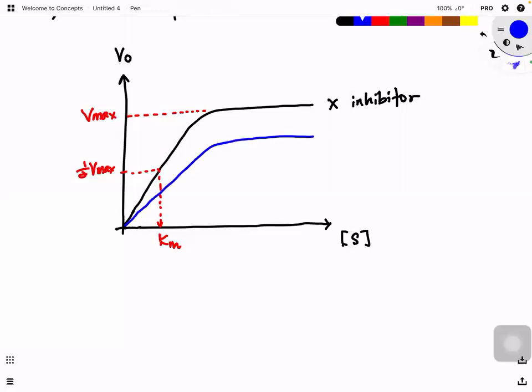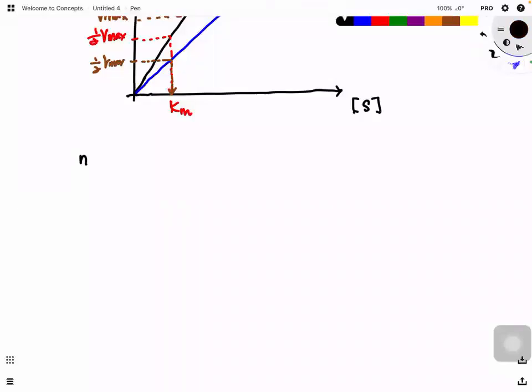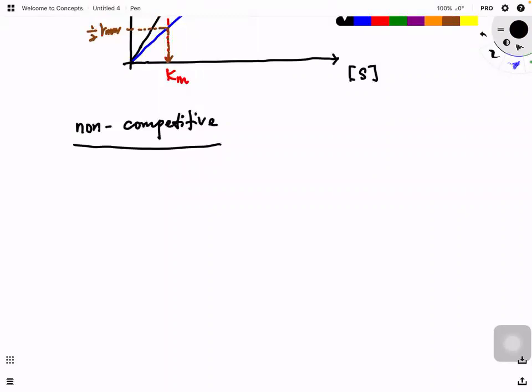This one is with a non-competitive inhibitor. If I draw a line, I will get a new Vmax, and then half of this Vmax, and you can see that Km remains the same. So always remember, for non-competitive, Vmax is now lower, Km remains the same.